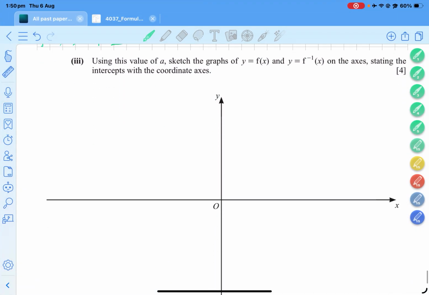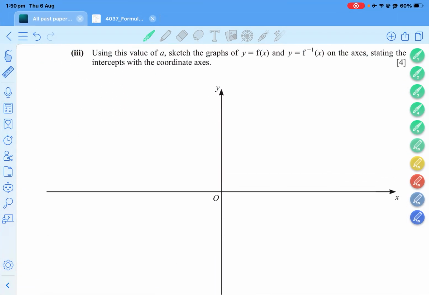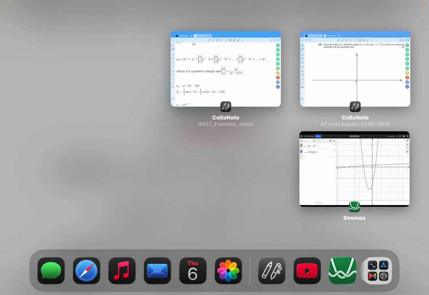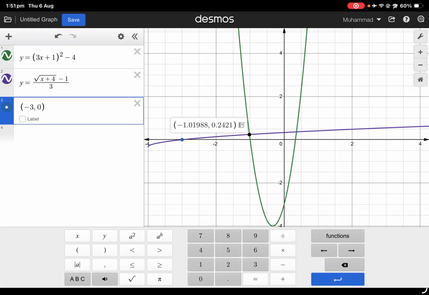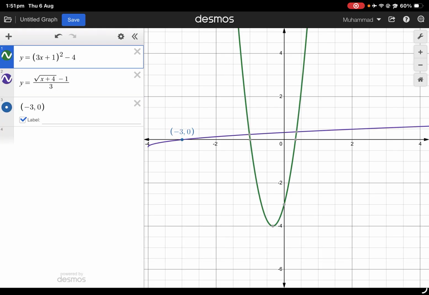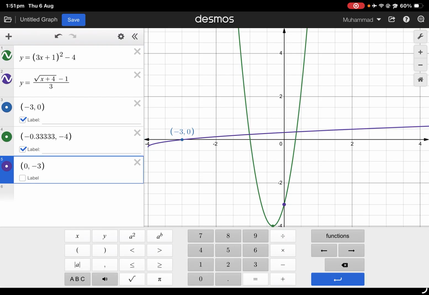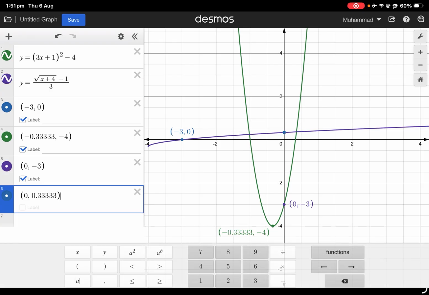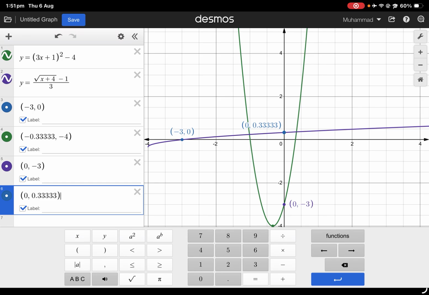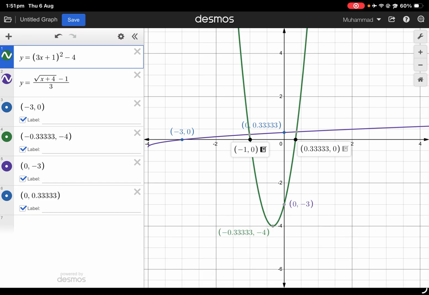So going back over here, to sketch, you can look from here. I have this point, and then these two.